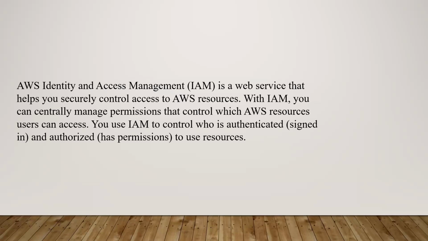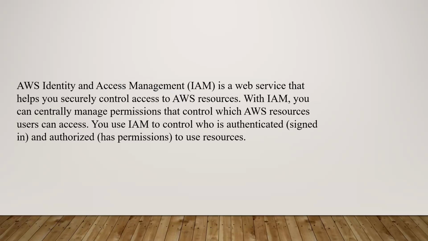But that is usually not the best way for organizations to access resources in AWS, because with that type of permission, you are not able to give the users who work for your organization access to AWS. If you share it with everyone, and something happens with that one account, then you've messed up your whole account, right? So you don't want to do that yet. You don't want to just go ahead and grant root user permissions to all your workers in your organization. That's a very bad way.